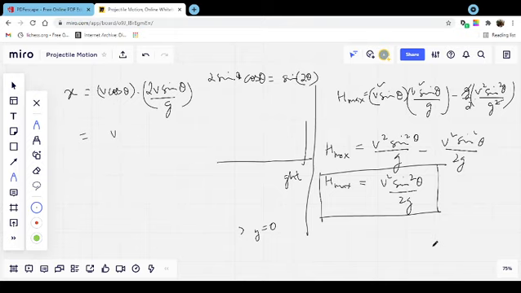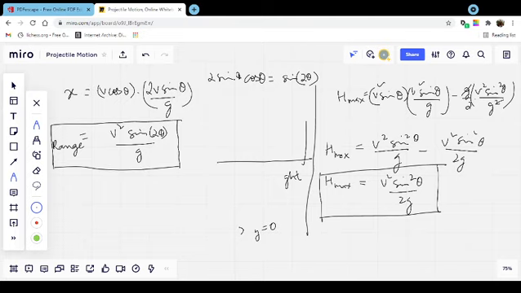So this comes out to be v square sin 2 theta divided by g, and this is the range. So this is the range of the projectile, that is how far the body would reach before hitting back to the ground. If I draw it, this is the range, and the total time taken is t.